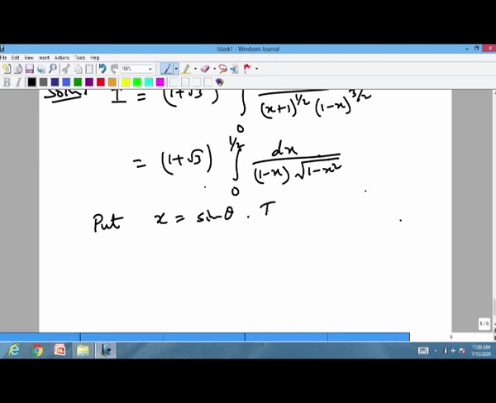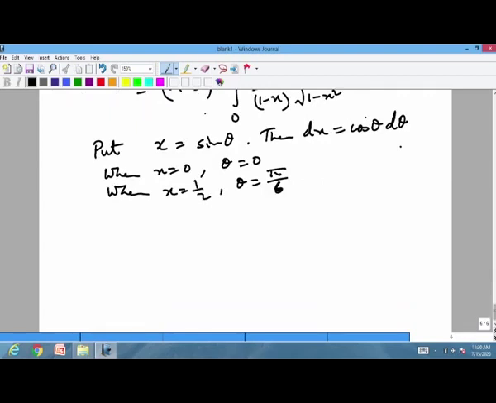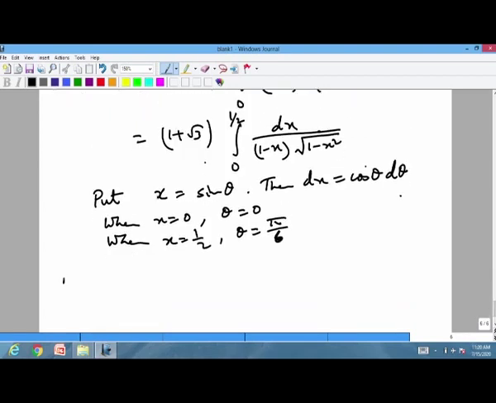So, then dx will be equal to cos theta d theta, and when x is 0, theta is equal to 0, and when x is equal to half, sin theta is half. So, theta is pi by 6.